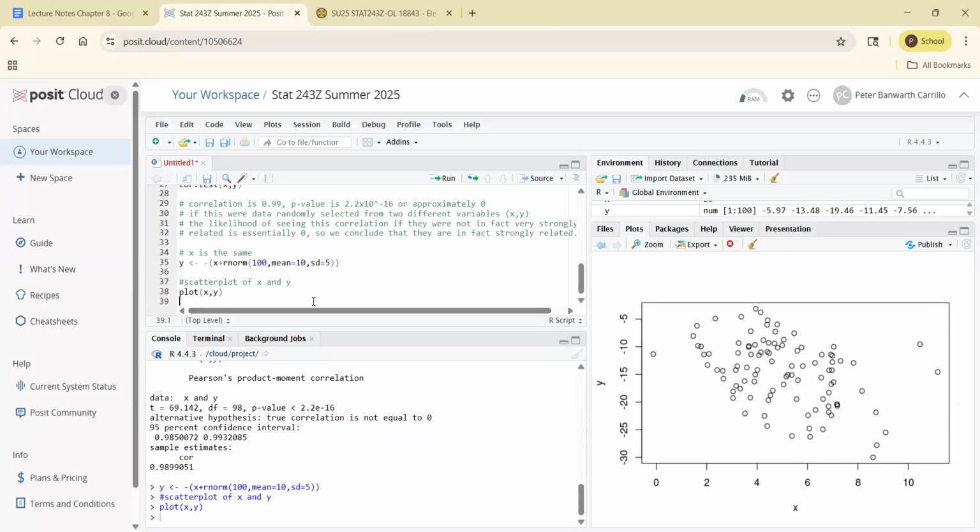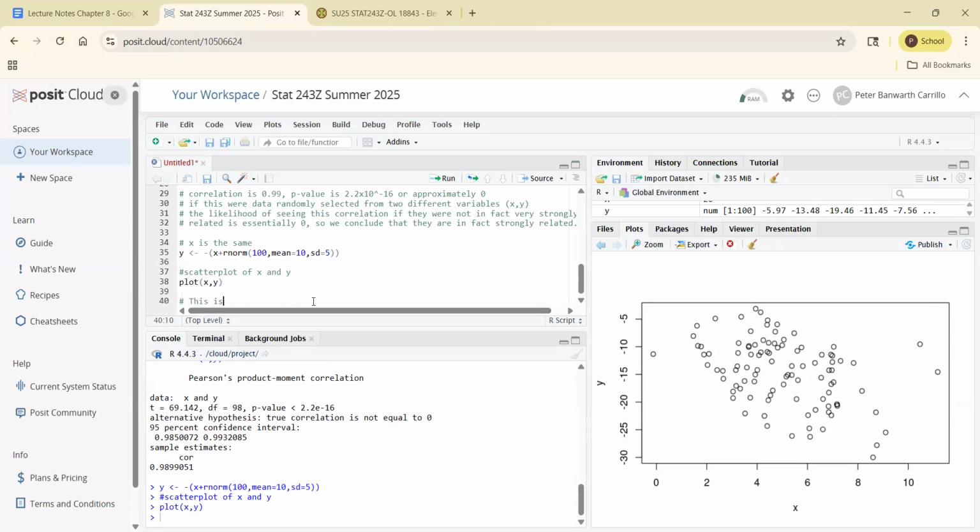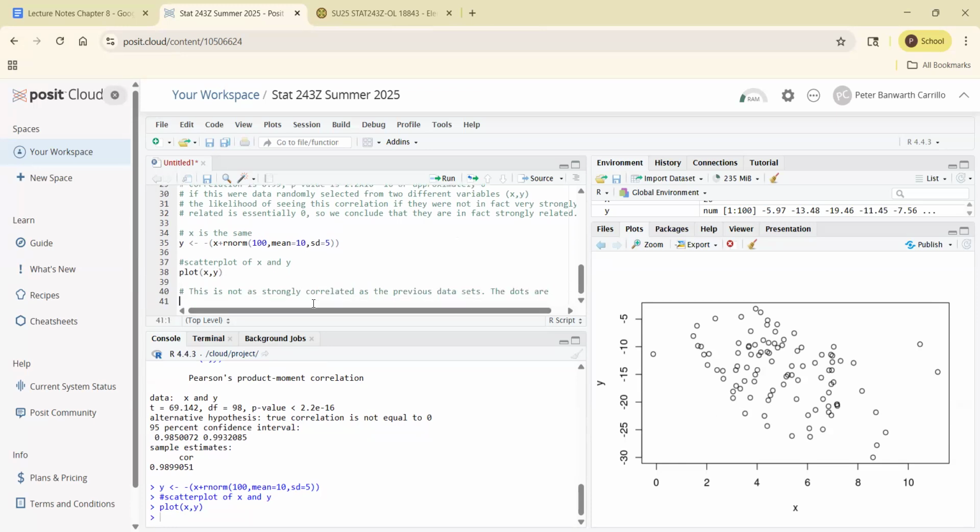Now, immediately looking at this, I say this is not as strongly correlated as the previous data set. The dots are spread out more around the line that I could imagine.